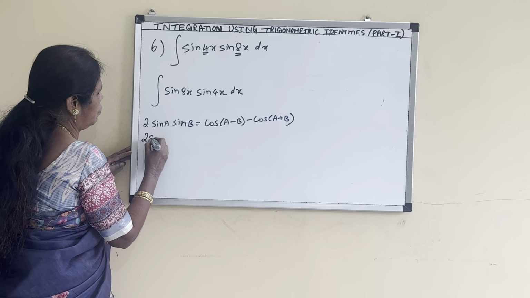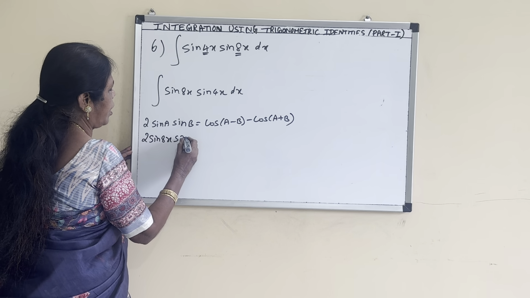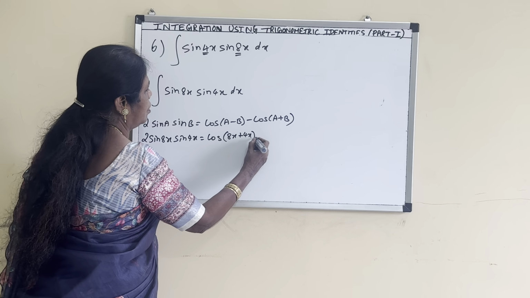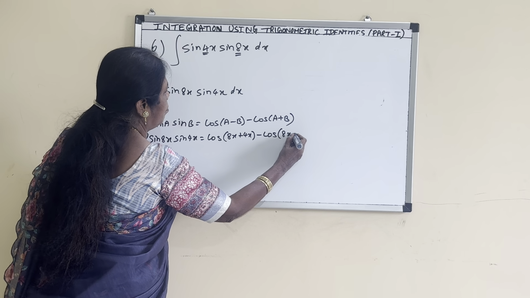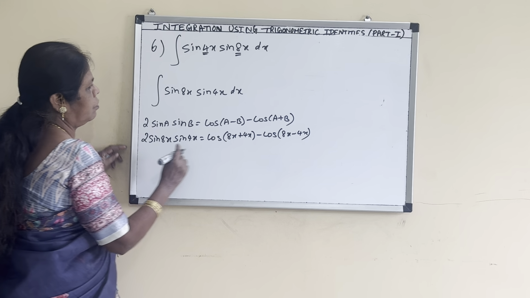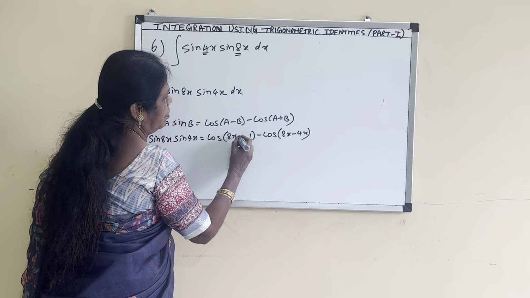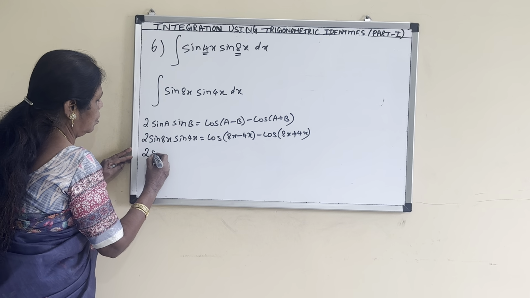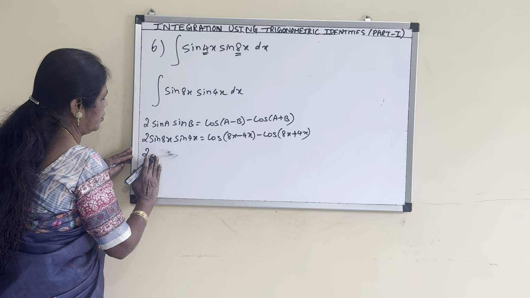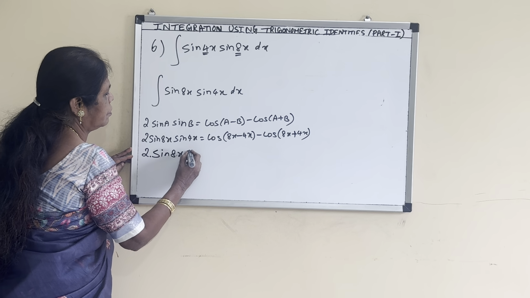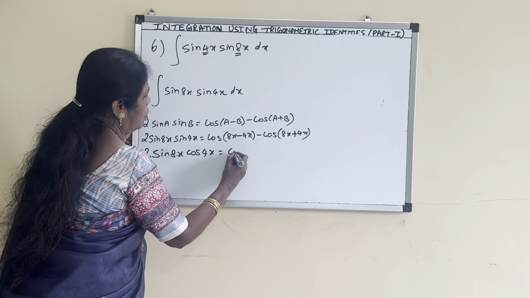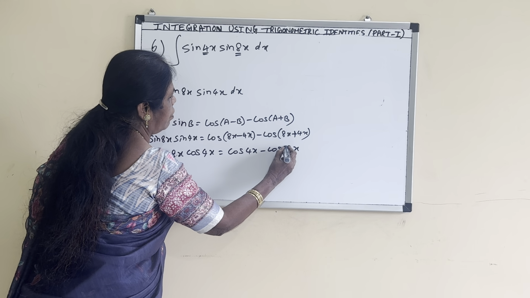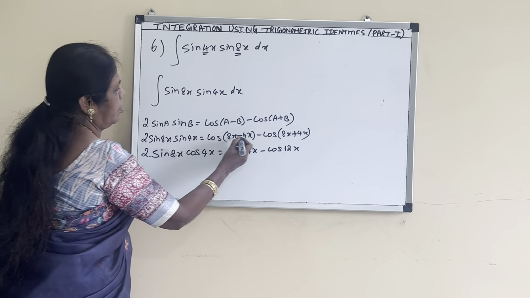Now 2 sin 8x into sin 4x is equal to cos of 8x minus 4x minus cos of 8x plus 4x. That is cos 4x minus cos 12x, since 8 plus 4 is 12 and 8 minus 4 is 4.